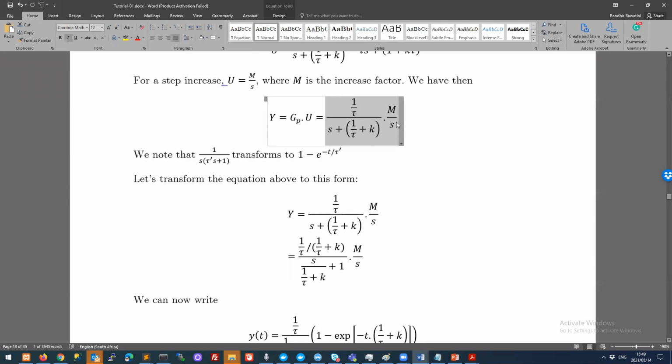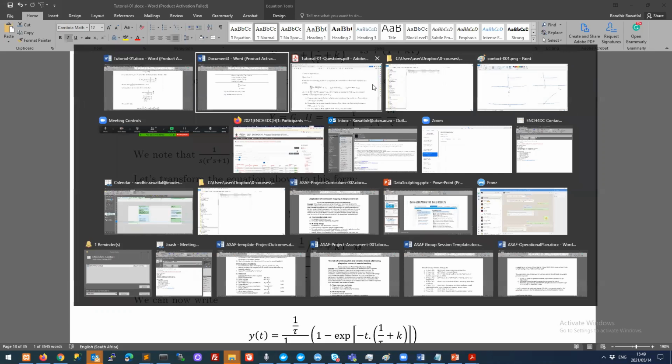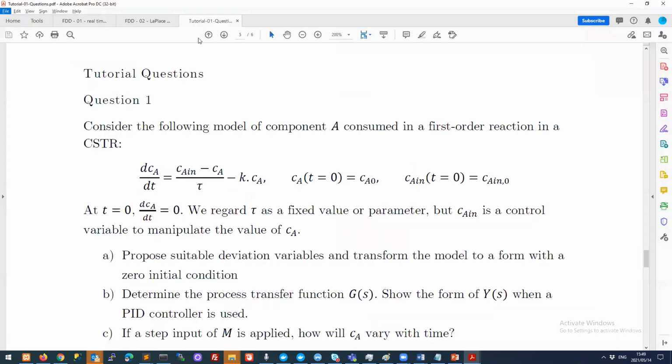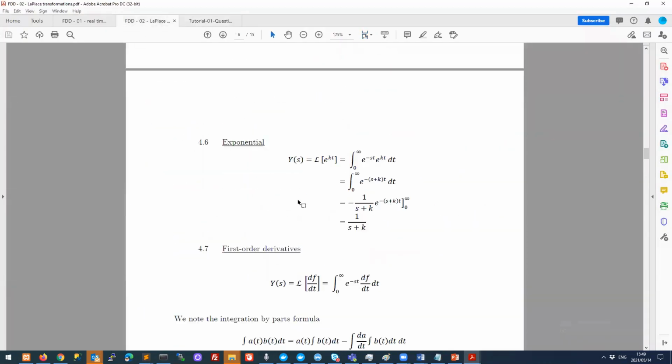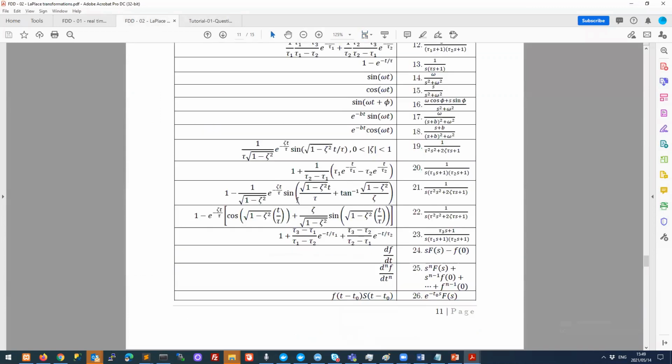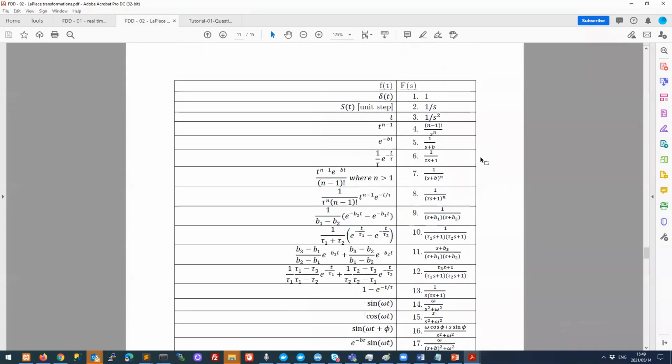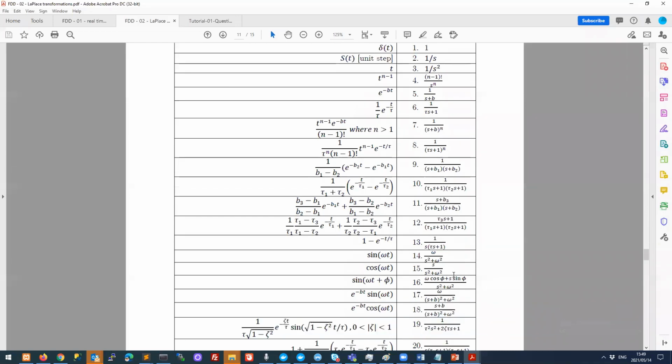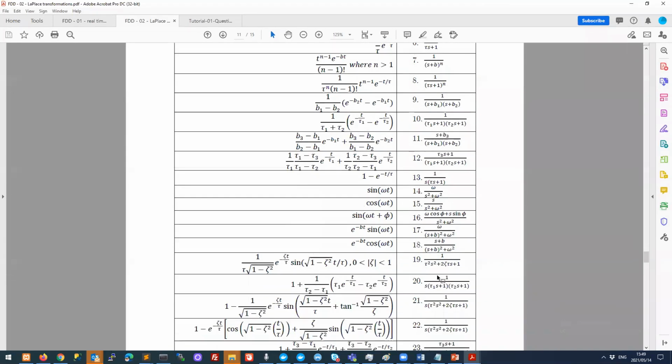So now we can just trundle over to that table of transformations and just look up if I have a function constant over s plus constant divided by s, right? So if you look for the same form of equation, you might have to do the product of two.